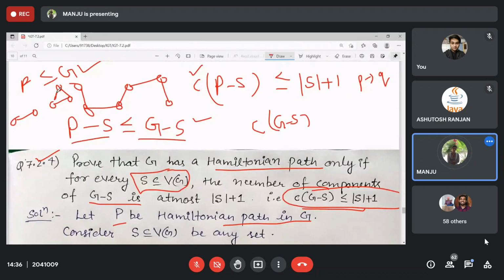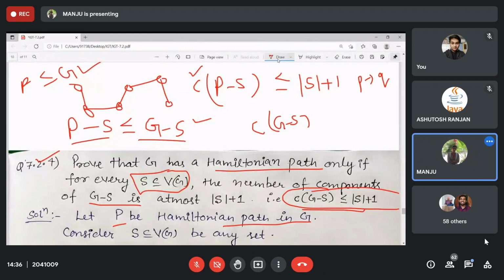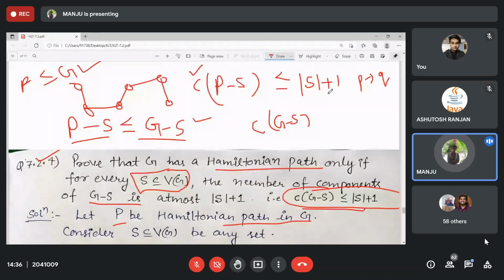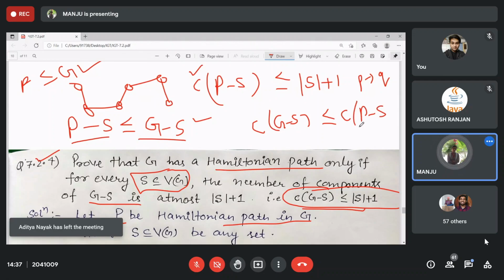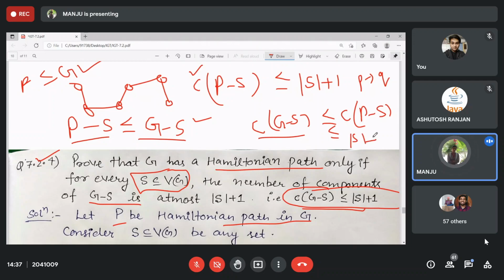If I'm just adding this edge, the number of components remains the same. Or if G minus S is connected, it can decrease. Adding edges is not increasing the number of components; it is decreasing the components by at most one, joining them, right? Either the same or a decrease. From the number of components of P minus S, we are adding edges, right? So the number of components of G minus S will be less than or equal to that of P minus S, which is also less than or equal to this one, and that's why it is |S| plus 1. Understood?